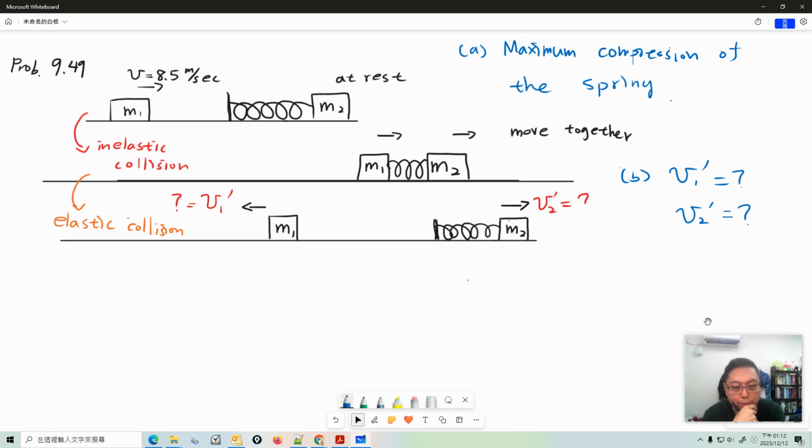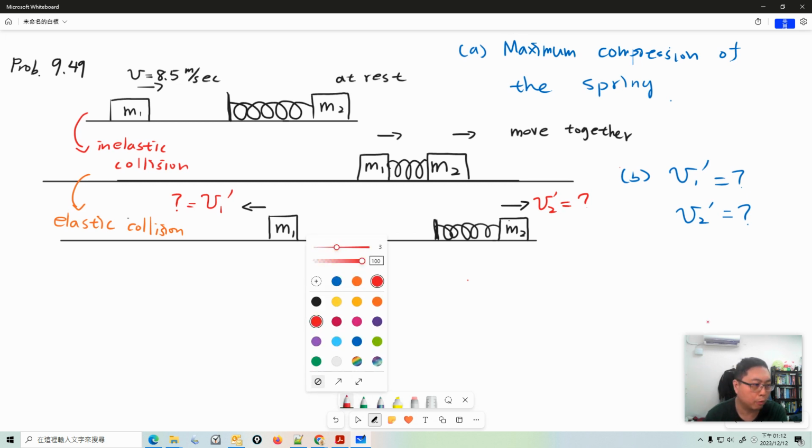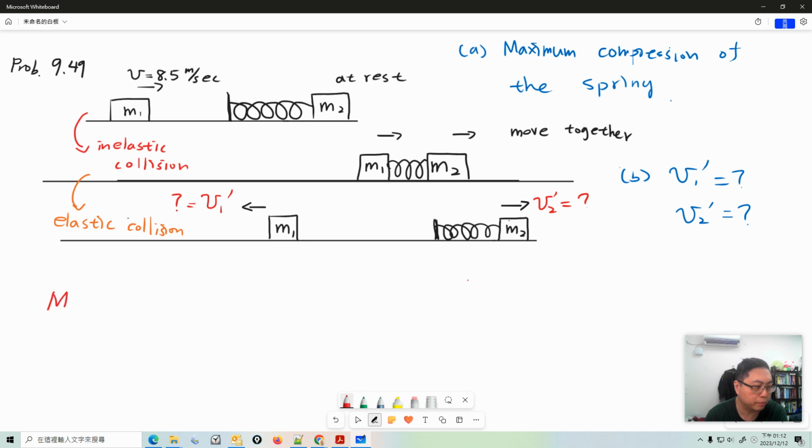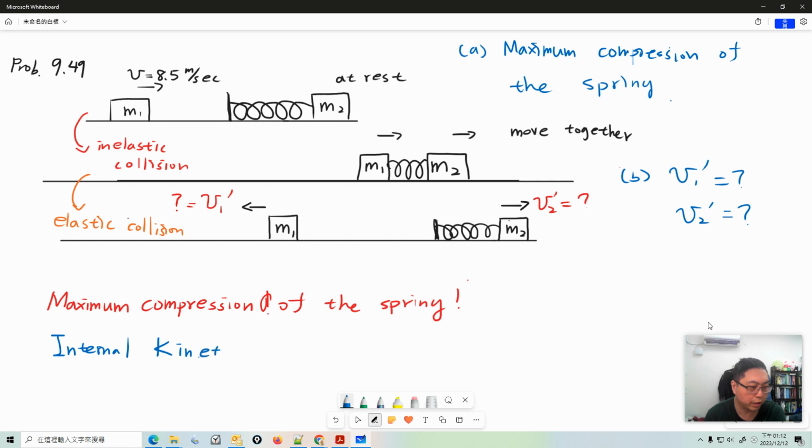Here I use the concept called internal kinetic energy, because the problem wants to find the maximum compression of the spring. In the previous lecture, I said, what's the meaning of the internal kinetic energy? Do you remember that?